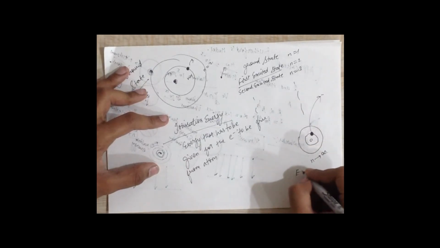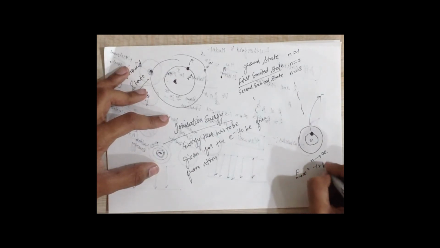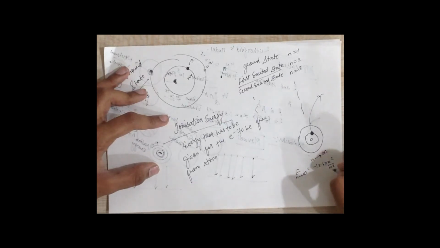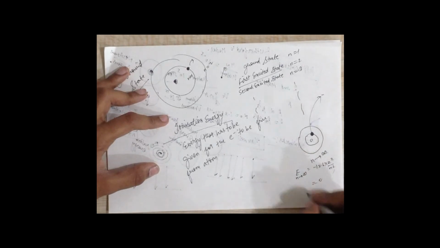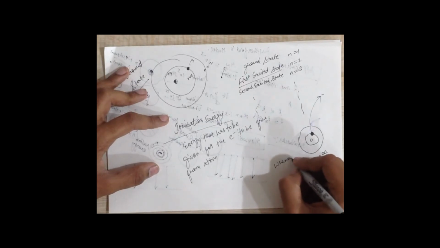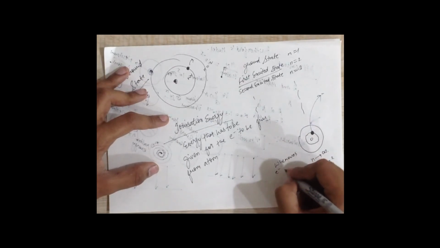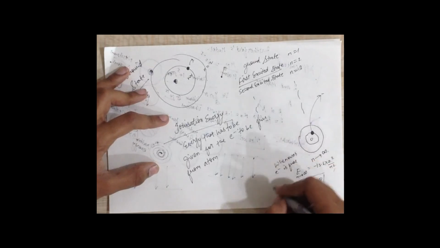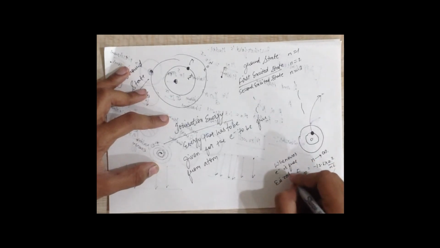So energy at n tending to infinity would be minus 13.6 times z square upon n square, and as n is tending to infinity, this complete value will be tending to 0. So energy at this point is 0. Whenever electron is free, energy is 0.